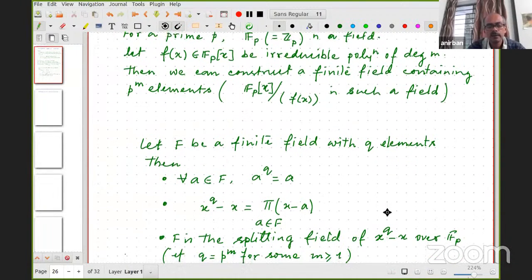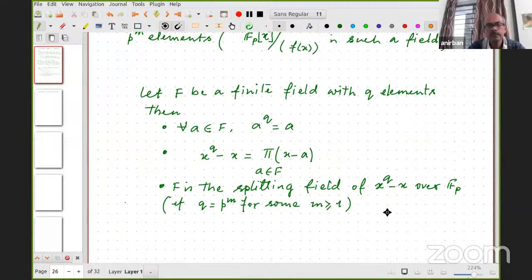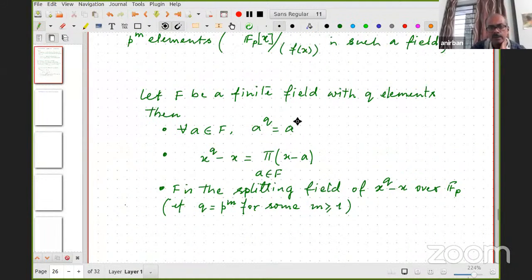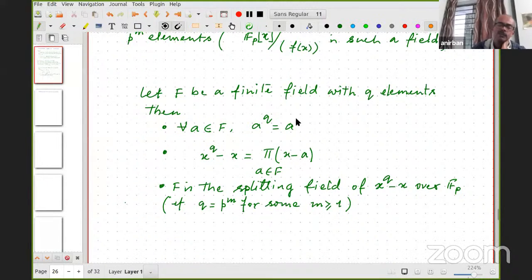The next thing we saw is, if we have a finite field with q elements, then every element satisfies the relation a to the q is equal to a, which is very clear from the fact that the non-zero elements form a cyclic group of order q minus 1.